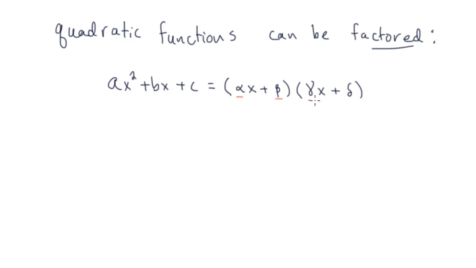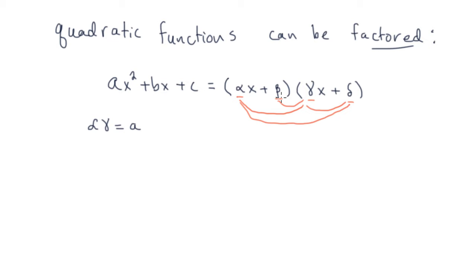These are numbers that when I FOIL out, so I multiply this term by this term, I use the distributive property, this term times this term, etc. So if I FOIL this out, so first, outside, inside, last, I should get exactly this. If I'm lucky and I can guess what these numbers are, and that's not always easy, we're looking for alpha and gamma to multiply together to give us a.